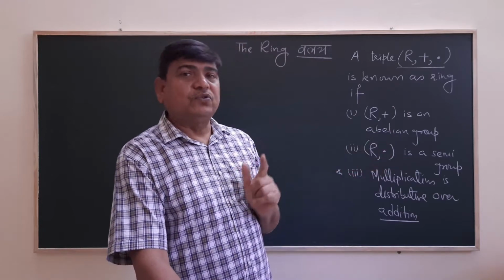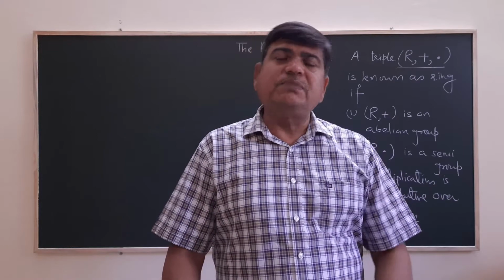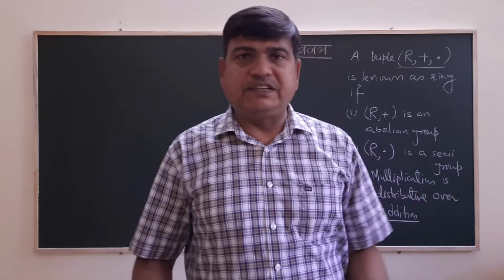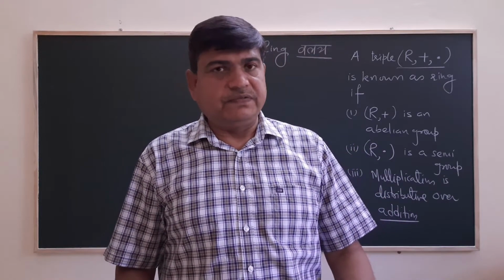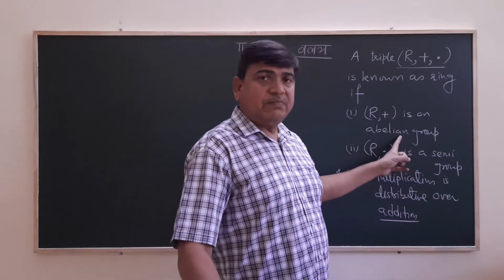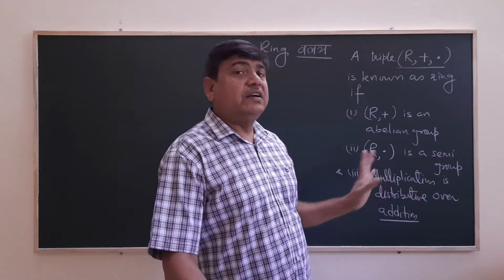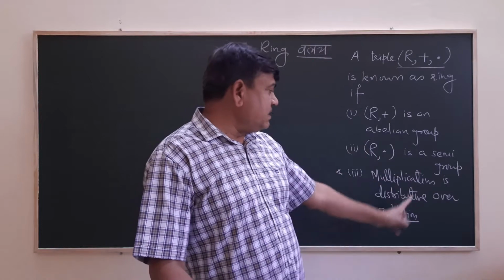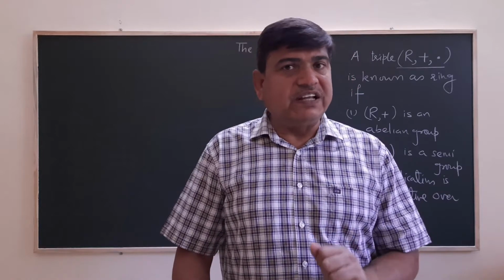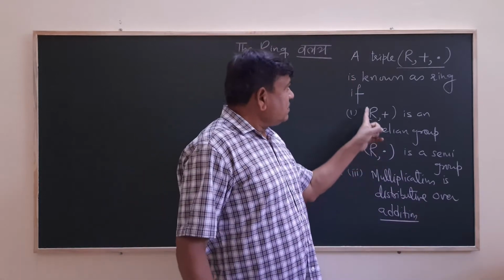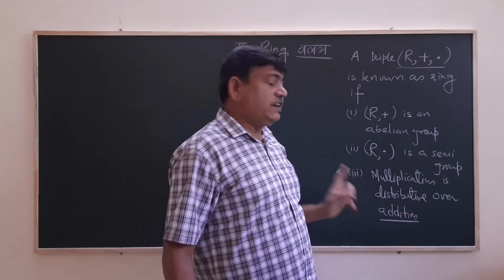That means five properties: closure, associativity, identity, inverse and commutative. So this is an abelian group. Second one is a semi-group, means closure property and associativity, only these two. And multiplication is distributive over addition, left distributive and right distributive. I have already explained. So this triple is a ring if these three are satisfied.